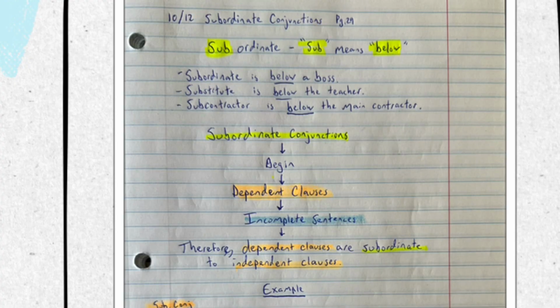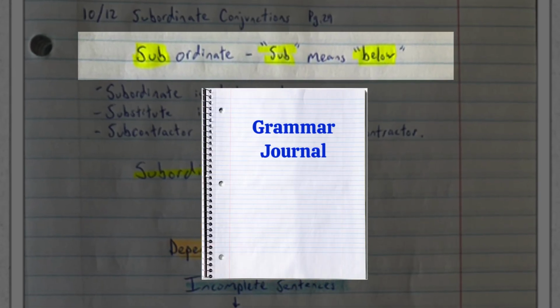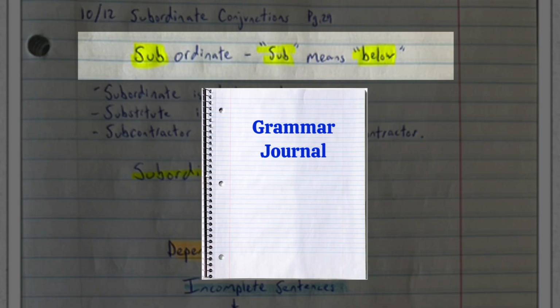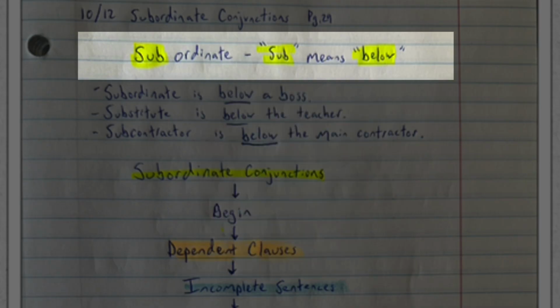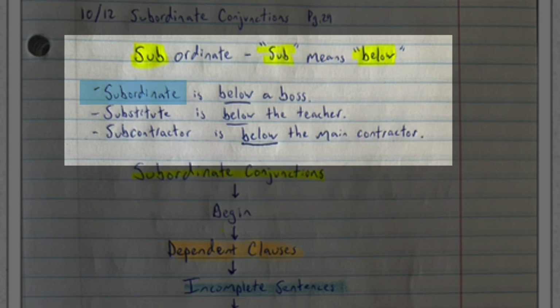Now, to explain what a subordinate conjunction is and to get that firmly locked into their brain, you could see I wrote subordinate, but I highlighted sub, and then we put sub means below. And I put some words that have that idea in them so they could start connecting subordinate with, in the real world, a subordinate is below a boss.